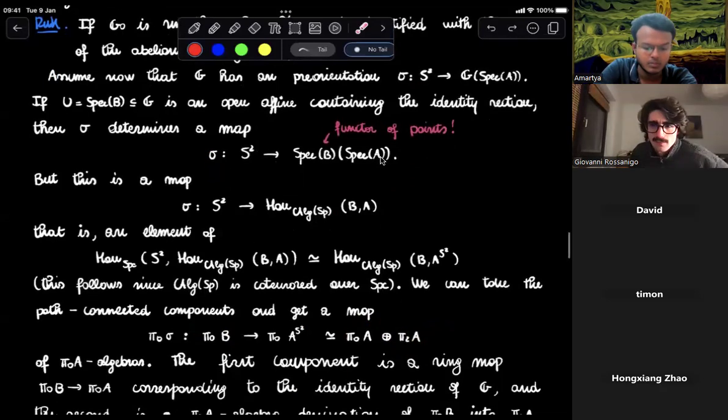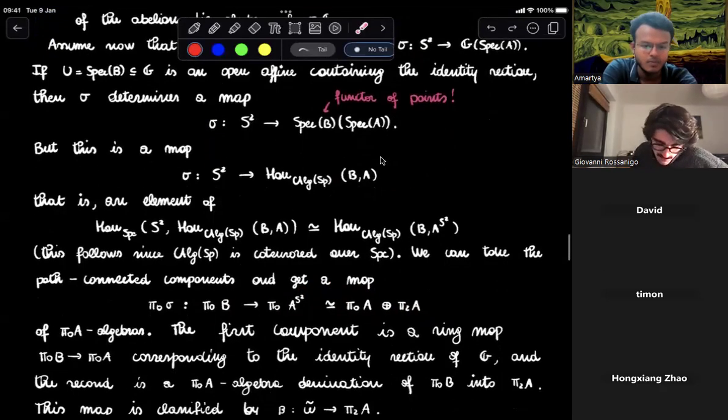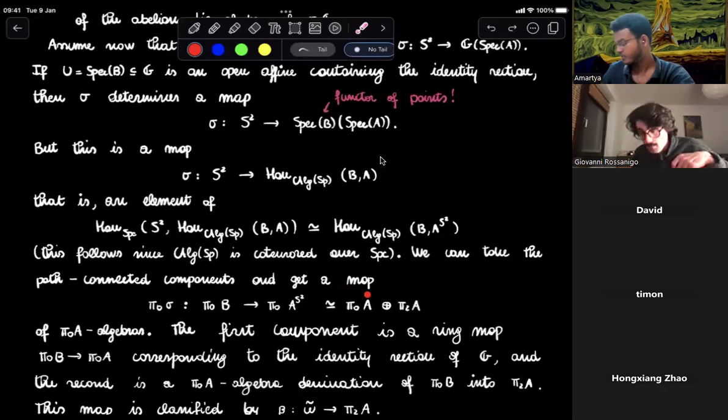This is quite a long computation, I have to say, especially this isomorphism. But if someone has a way of computing very fast, I will be happy to see it. And what happens is that this map can be identified as a map of commutative rings when we project to the first component.